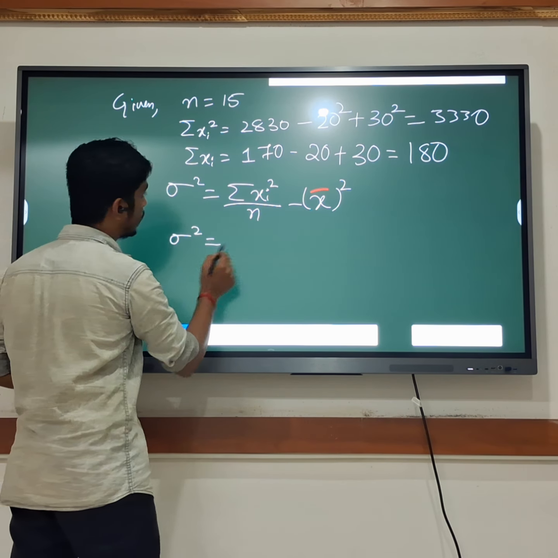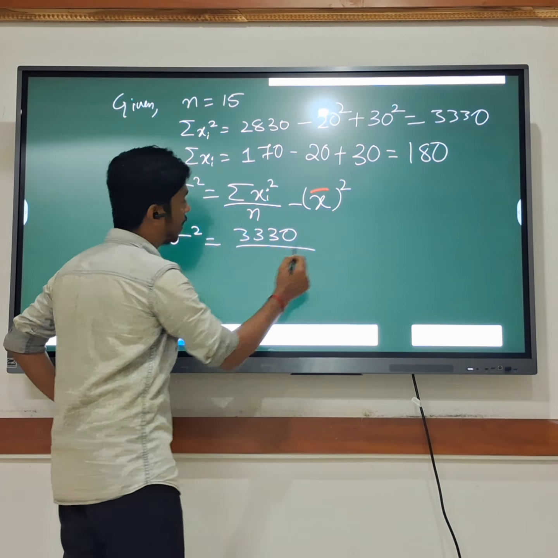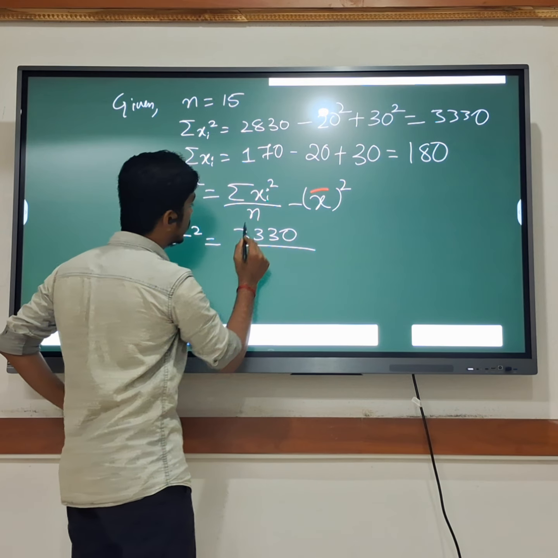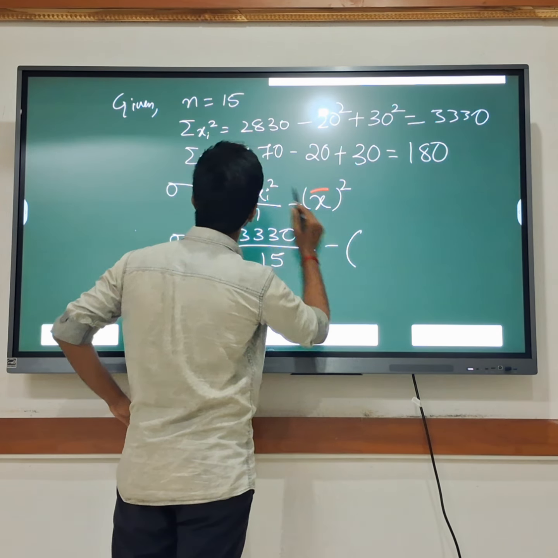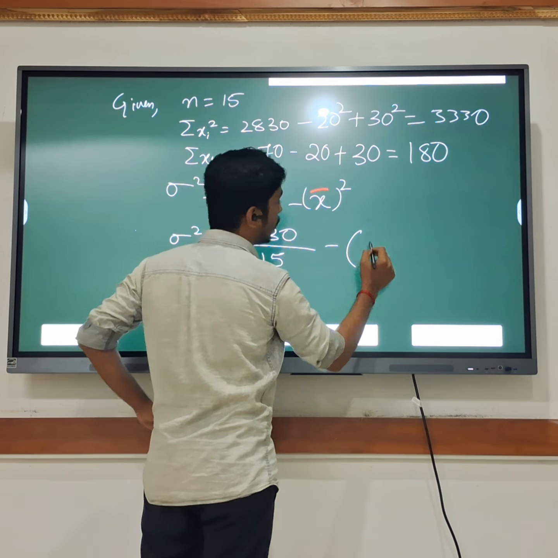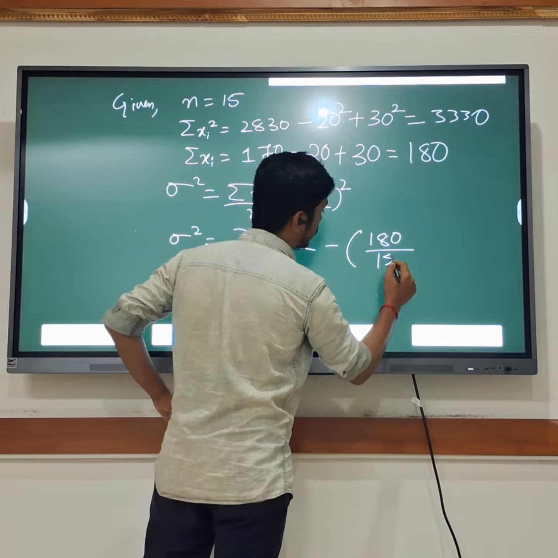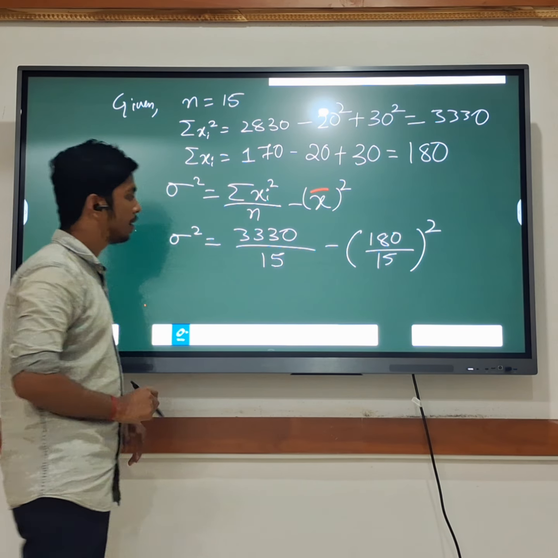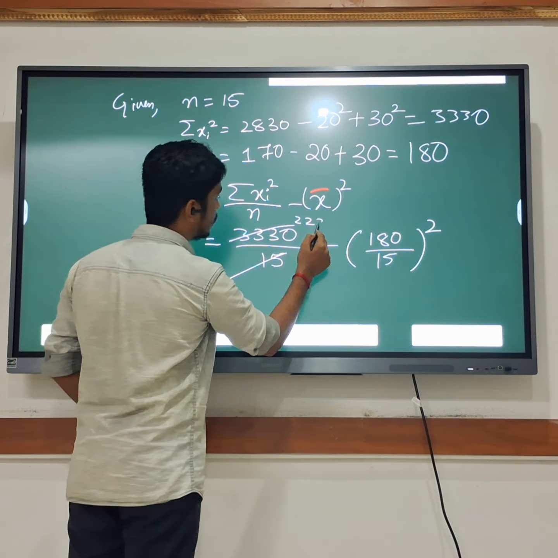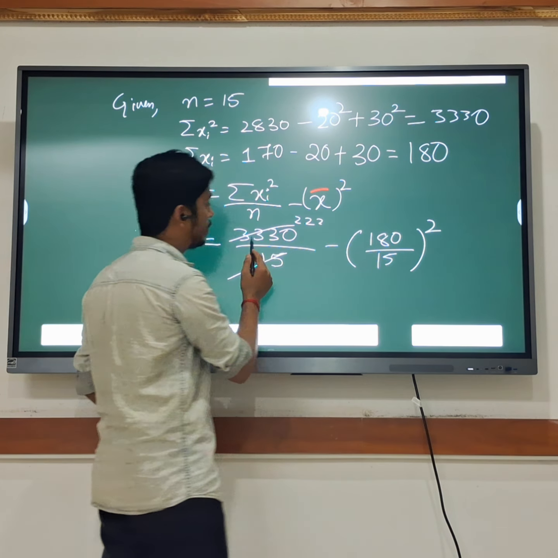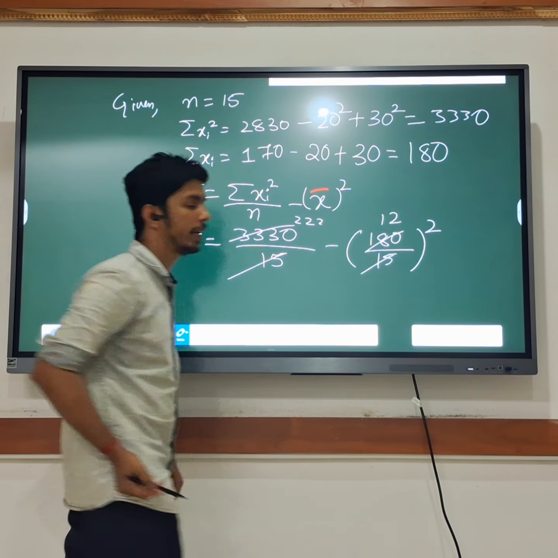Sigma square is equal to summation xi square, 3330, divided by n, 15, minus summation of xi, 180, divided by 15, whole square. Now see, 15 times 2 is 30, so 15 times 12 is 180.